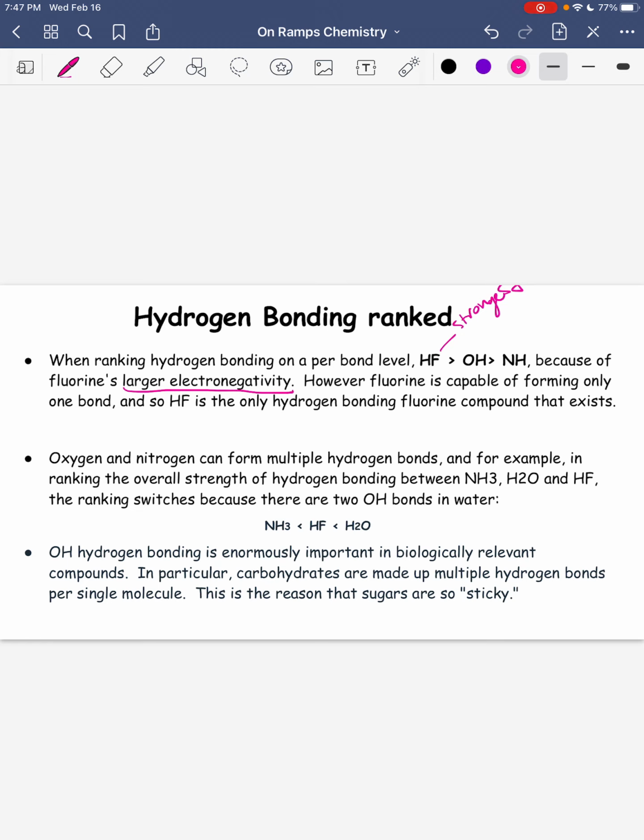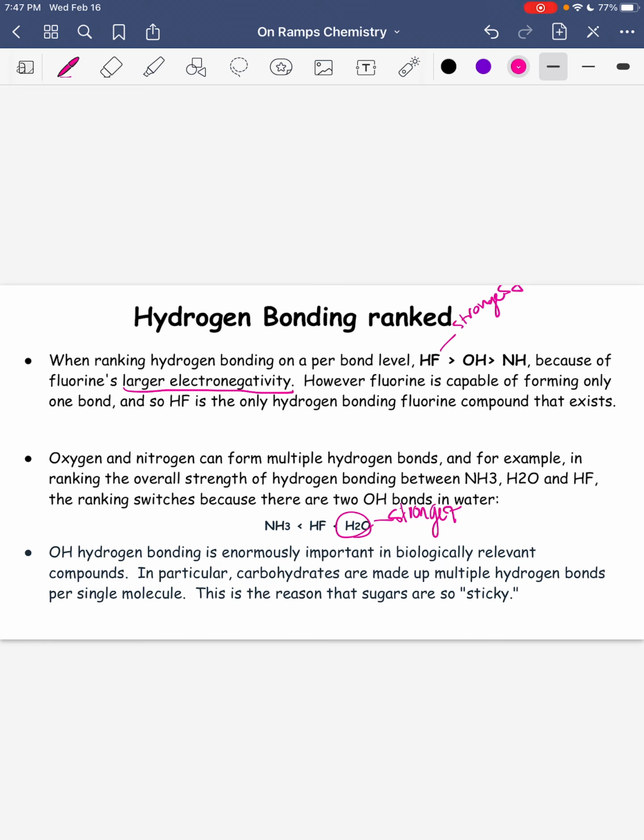Then we look at when hydrogen forms multiple bonds. So H2O will then move up to being the strongest. Okay? And then followed by HF, then NH3 being the weakest.